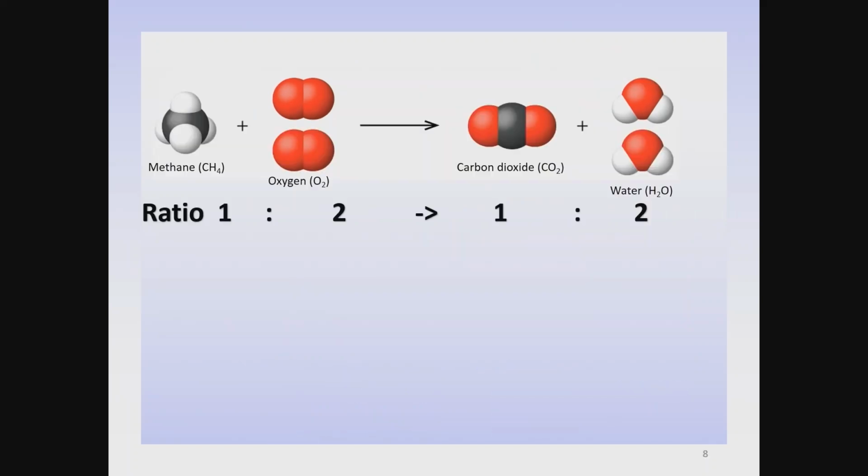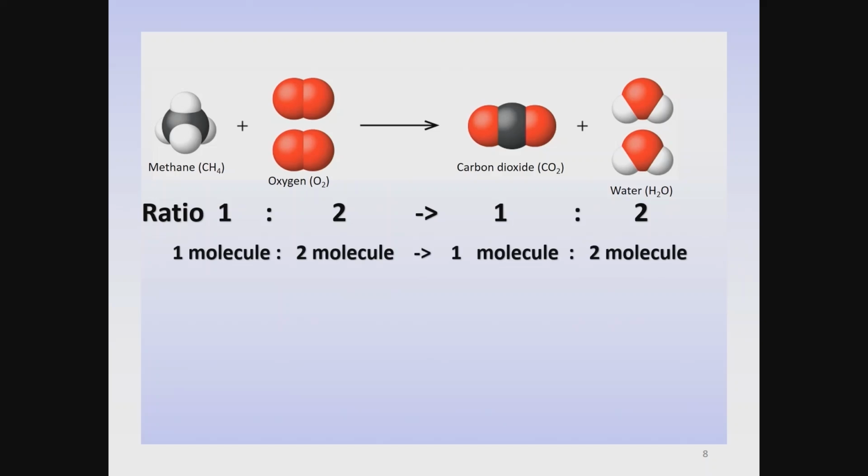When we have good quantitative balance of the atoms, that is the ratio of the molecules that are reacting. So it's not 1:1 produces 1:1. We now realize that for the law of conservation of mass to be satisfied, we really need 2 of oxygen reacting with 1 of methane to produce 2 of water and 1 of carbon dioxide.